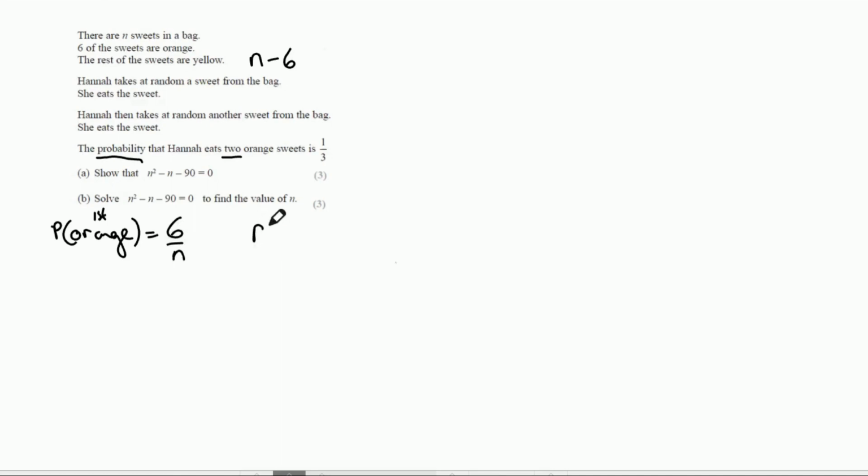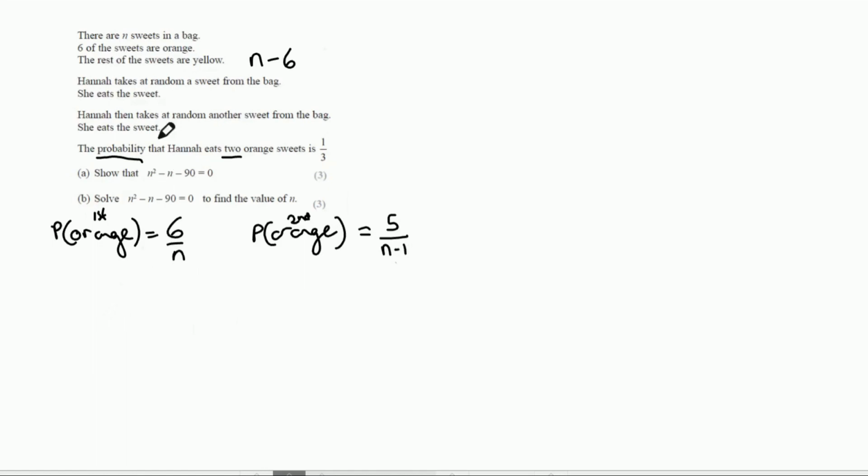And the probability that she would pick orange again, now think about how many orange there'd now be in the bag, because after she's picked the first sweet, she eats it. So there's now 5 orange sweets to select in her second pick. And the total is now n minus 1, 1 less in the total.